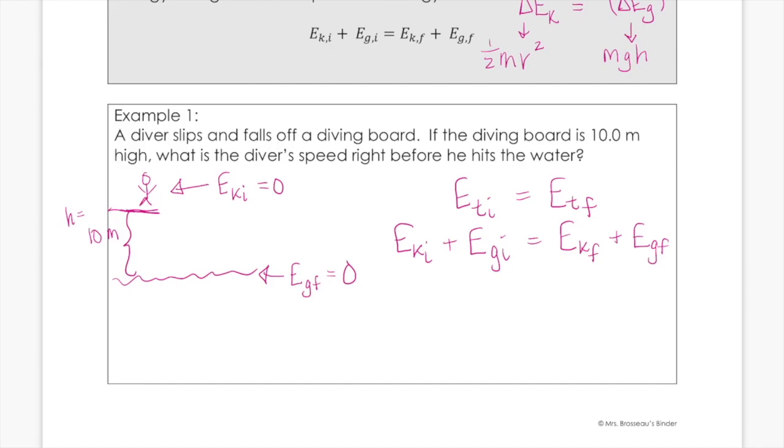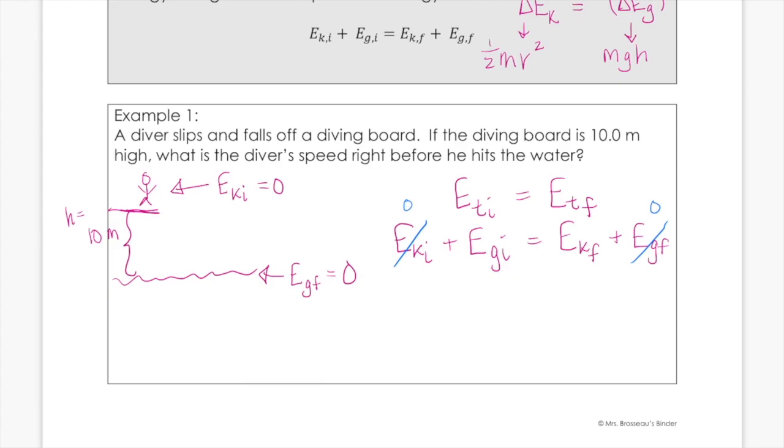We just stated that our EKI is going to be 0, and also our EGF is 0. So we're just left with EGI equals our EKF.